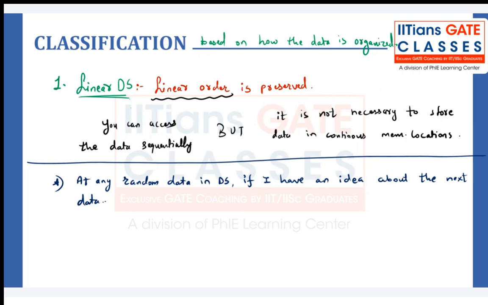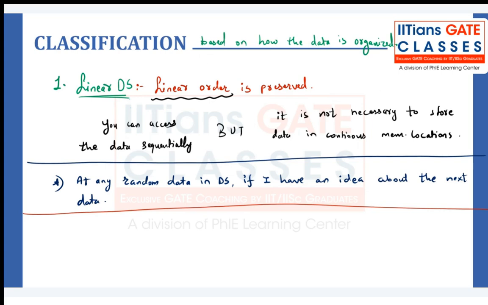So anything is correct. You can directly say the linear order is preserved. You can say that I can access the data sequentially, but it is not necessary that I need to store them in continuous memory locations. And one more intuitive statement is that if I am at any particular data, I should have an idea about the next data. That way linear order is preserved.